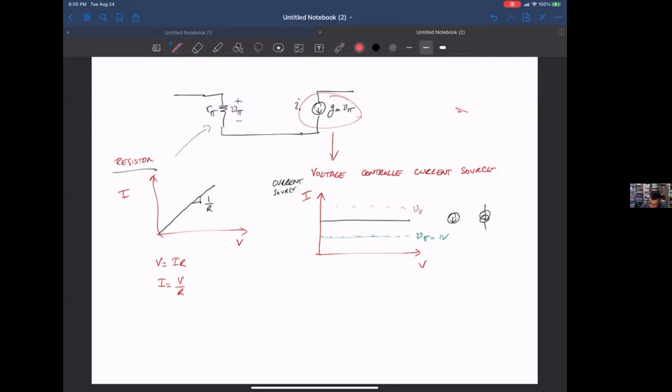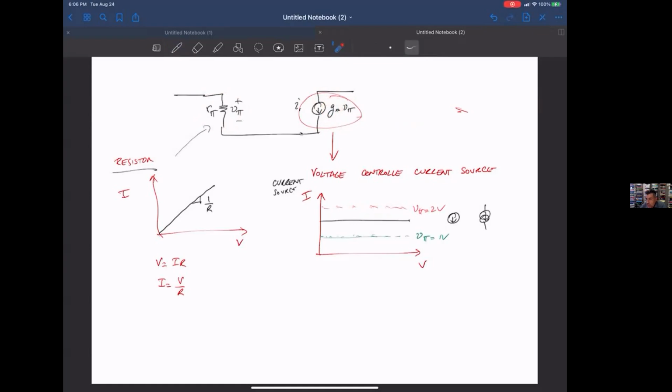These are just to give you an idea. If I make V sub pi higher, I can make that current go higher, but still this current is not going to be a function of the voltage across this node. It's a function of the voltage across that node. And that ratio in this particular case is this thing called G sub m.